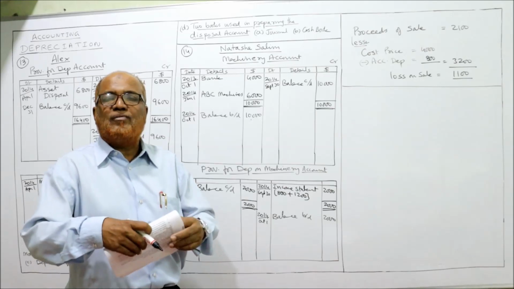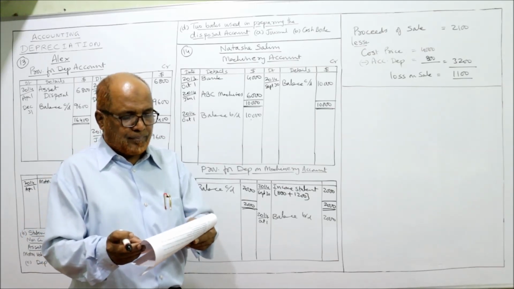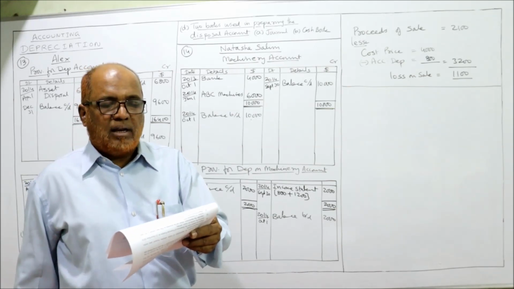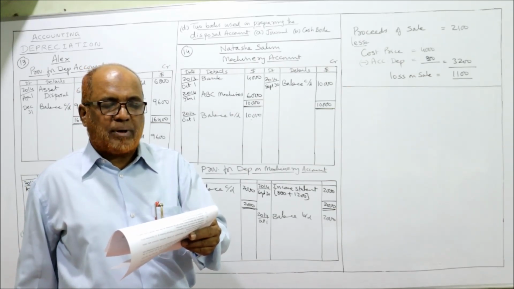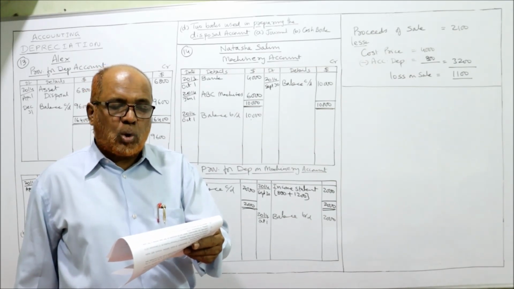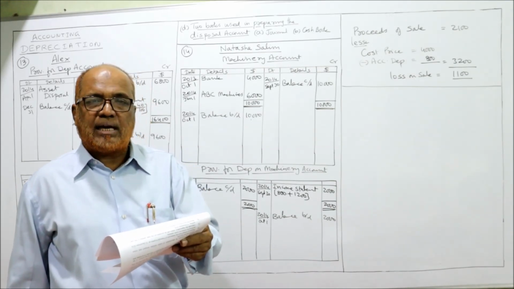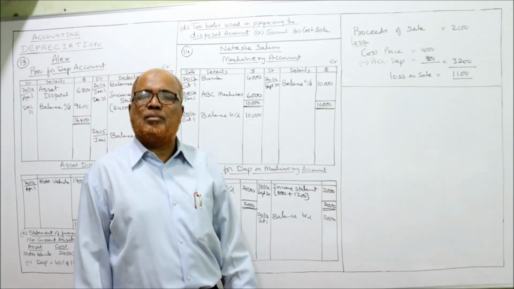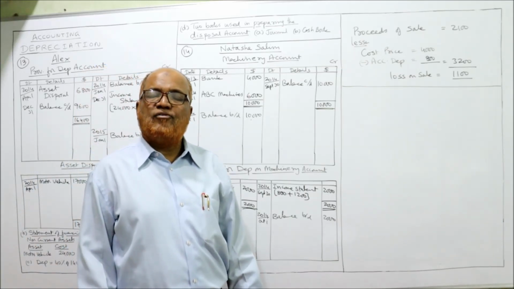Now during 2015, what is happening? See here. On 1st of Feb 2015, Natasha Salim decided that the machine purchased on 1st October was no longer required. She sold it for 2,100 cash. So whenever an asset is sold, how many entries will be passed? 4 entries.